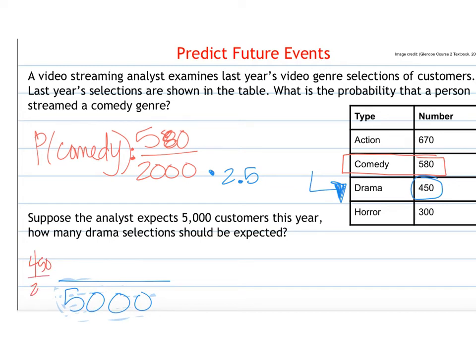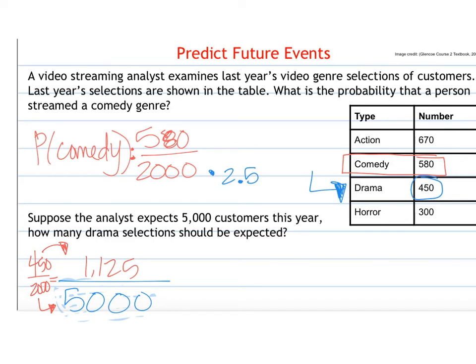450 over 2,000 equals, and now we want to change it to 5,000. So I can see 2,000 times 2.5 equals 5,000. So I'm going to do 450 times 2.5. And I get 1,125. So that's theoretical.